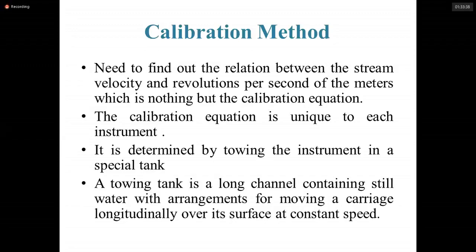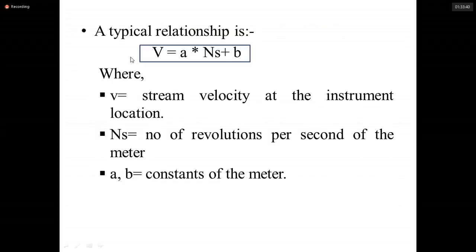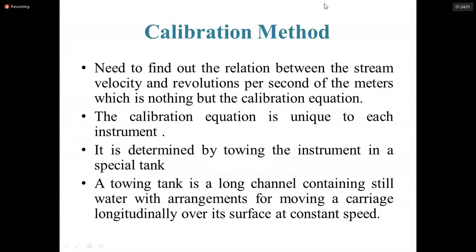With this calibration method, they get this type of equation. By using the calibration method, they calculate what the A and B values are. To get this type of equation, this calibration method is used.